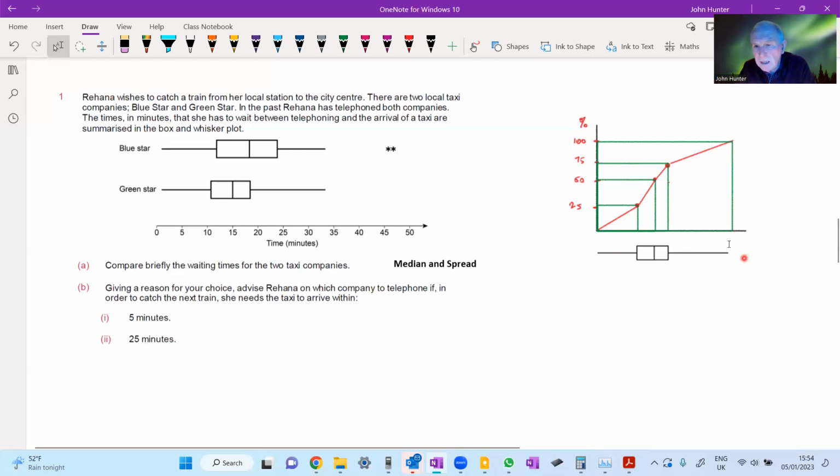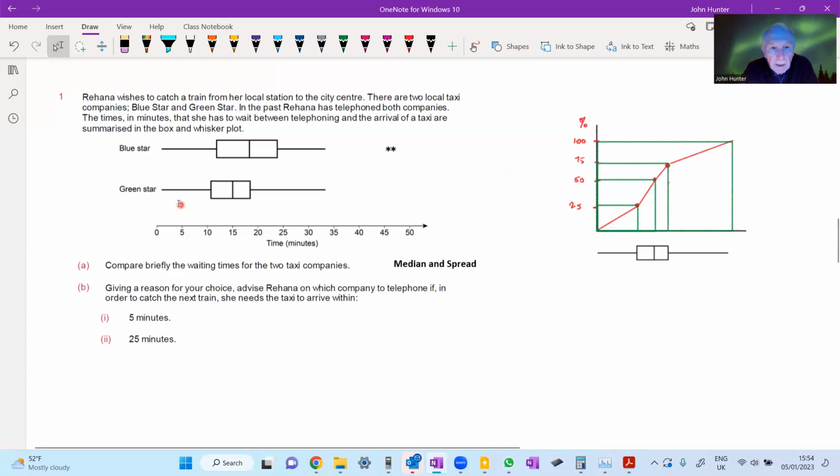So what it does is it represents this, but it does it in a rather more succinct way, I suppose. If what we're interested in, as I mentioned before, is really the median and the interquartile range, then this box plot does it really.